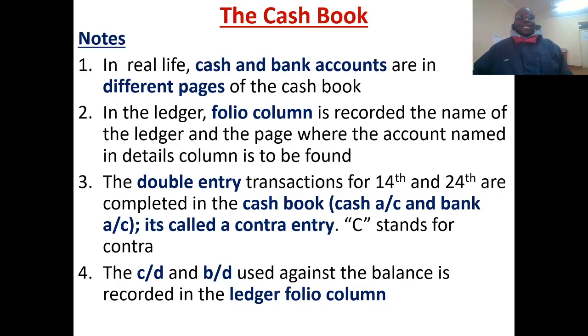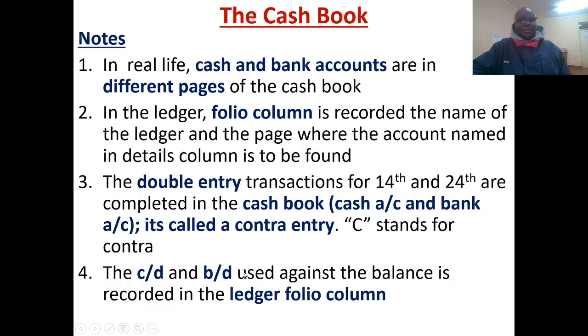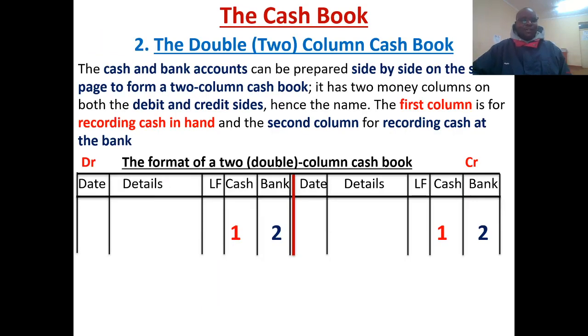So the C that appears here, you have another C here, C stands for contra or contra entry. Then you have CD standing for carried down and BD standing for balance brought down.